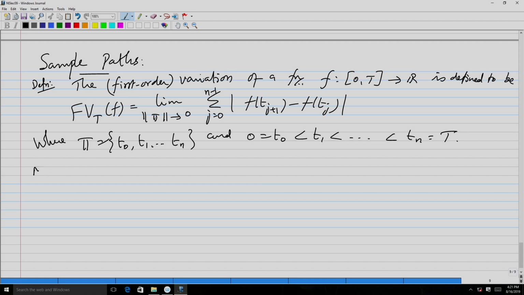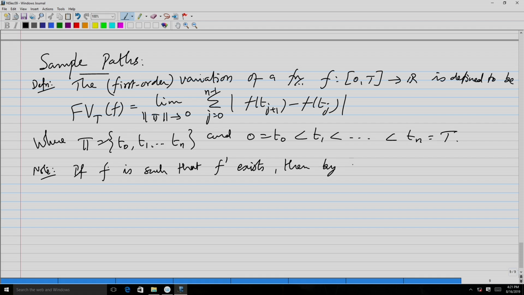The amount of variation of f during 0 to t is what this variation function will give.